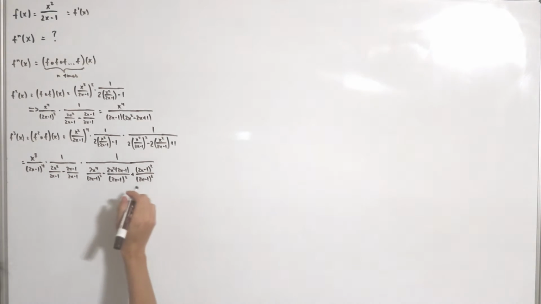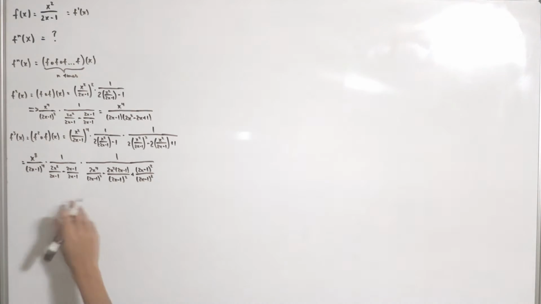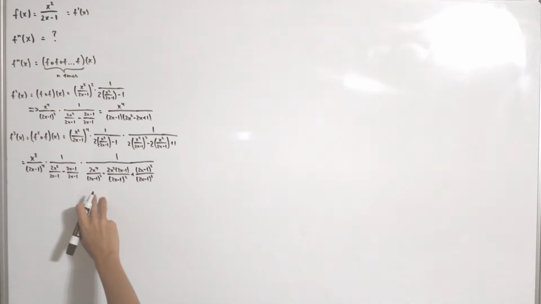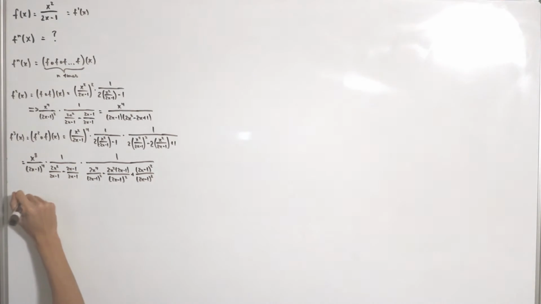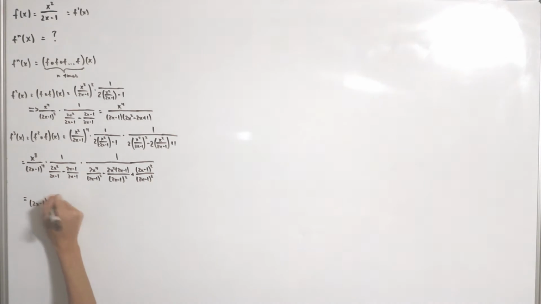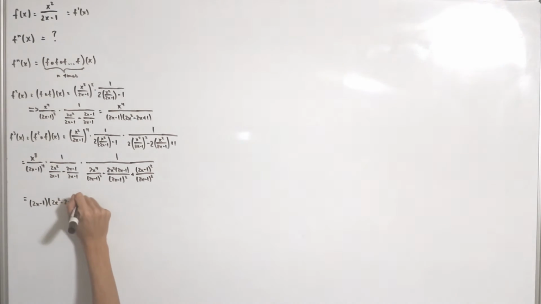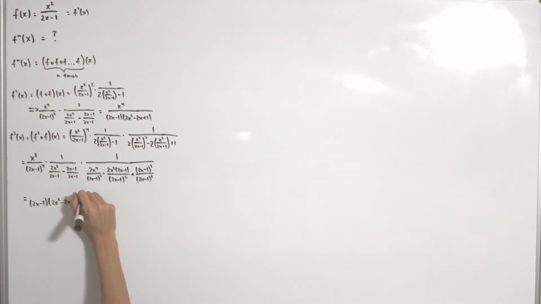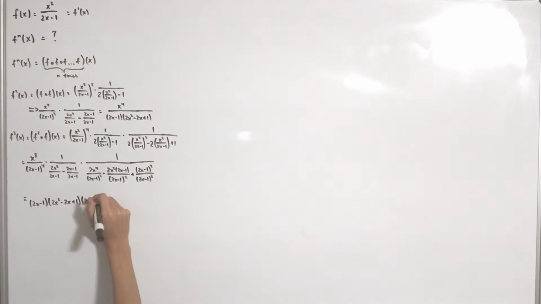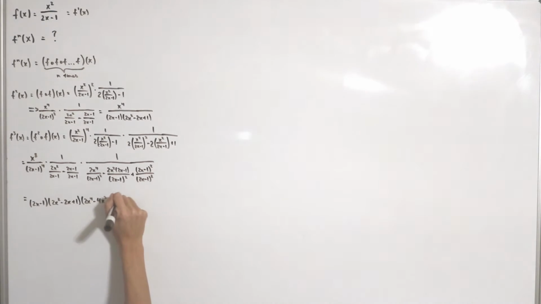If we simplify all this out, I'm not going to show the rest of the work. You can actually verify this yourself if you want, but it should come down that f3 of x is equal to, see, denominator is 2x minus 1, then multiply by 2x squared minus 2x plus 1, okay, and then 2x^4 minus 4x cubed plus 6x squared.